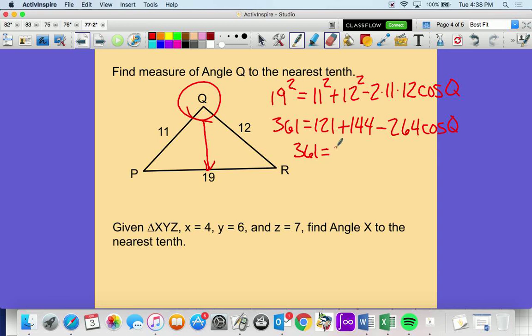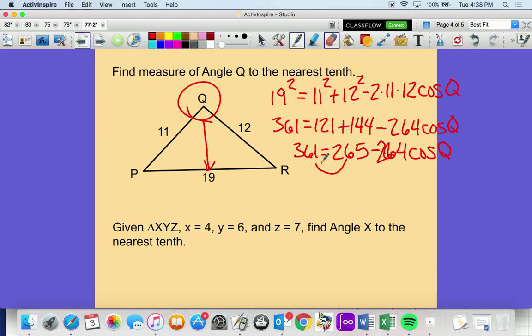Okay, from here we can add these two together. So we get 265 minus 264 cosine of Q. Now, what a lot of people do is, we know by order of operations, these two things are multiplied together, so these two cannot be combined.